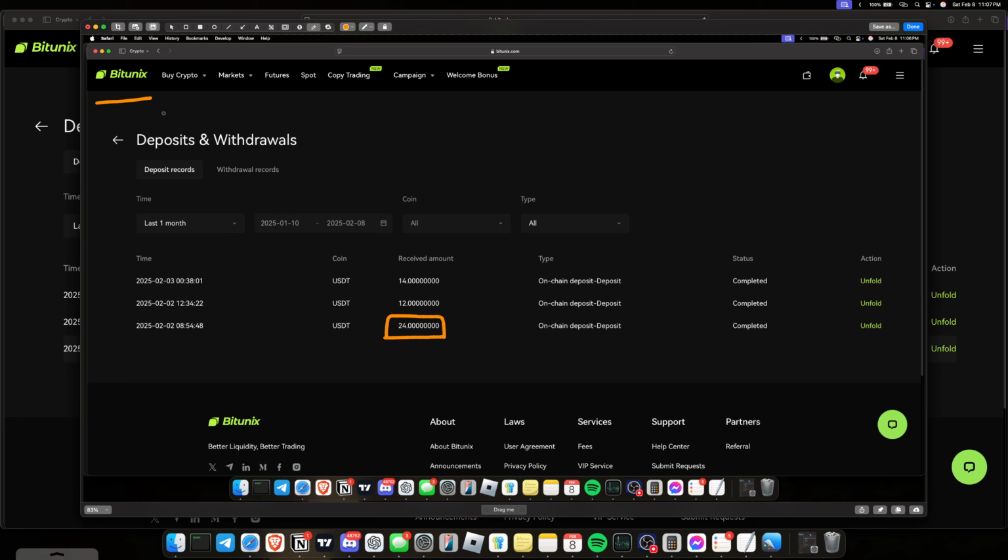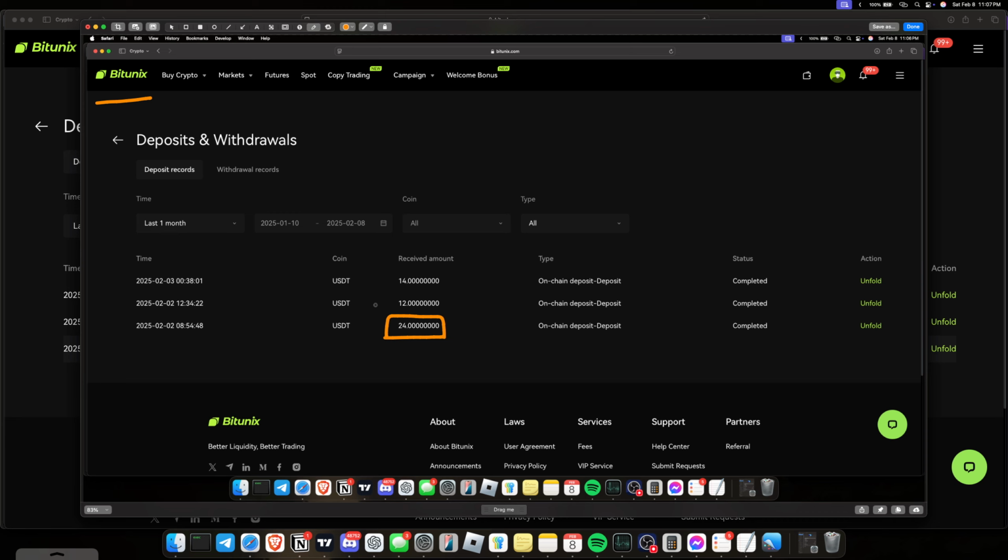I just want it to be pretty clean. Not only that, I use my Bybit and Binance for leveraged swing trading futures. I have a couple of crypto futures positions open, and I don't want them to be disturbed. So that's why I'm using a different exchange such as BitUnix for this entire challenge.